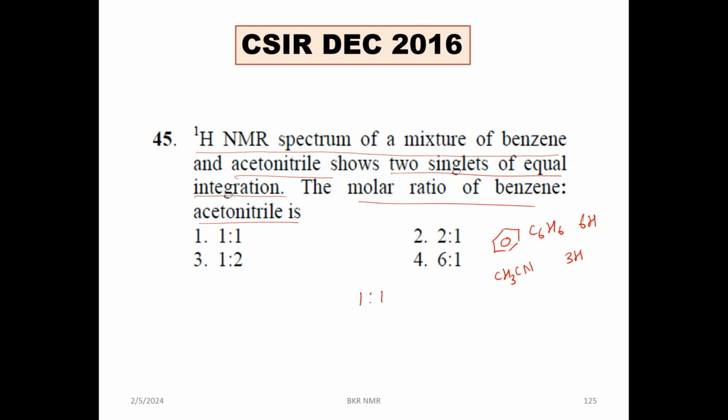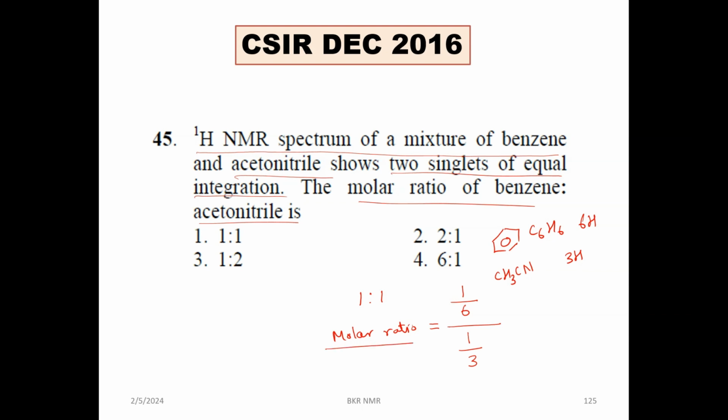So now what is the formula? The formula for the molar ratio of benzene to acetonitrile they're asking. So the intensity of integration for benzene divided by total number of benzene hydrogens, divided by the intensity of integration of acetonitrile divided by total number of hydrogens in acetonitrile.